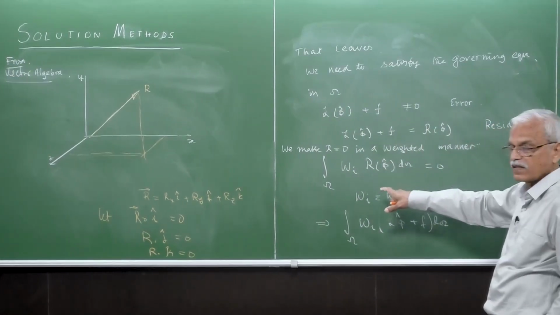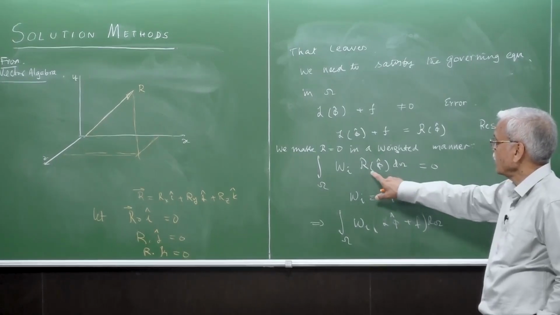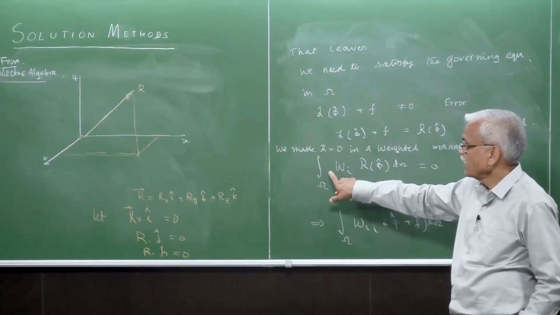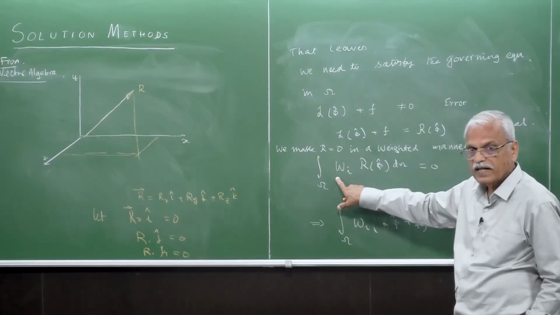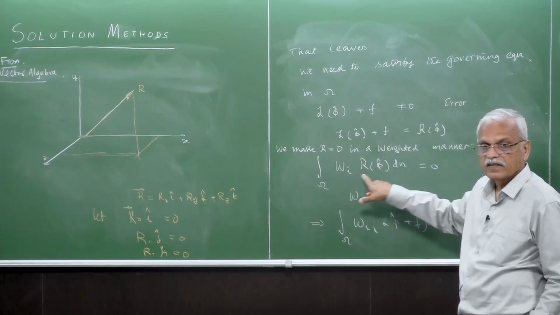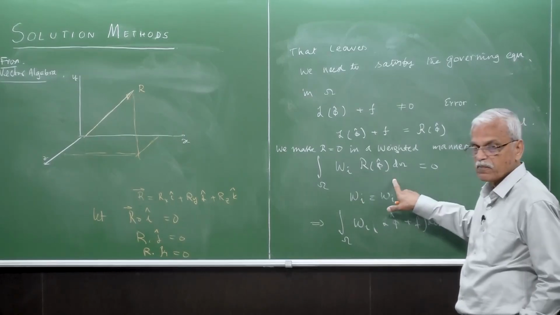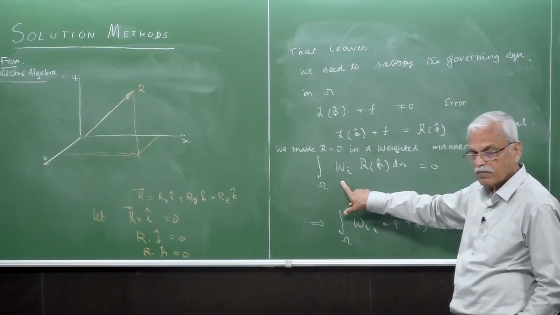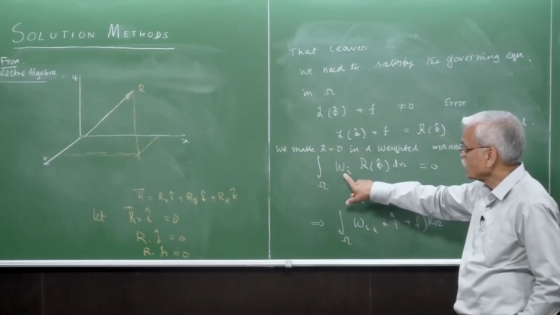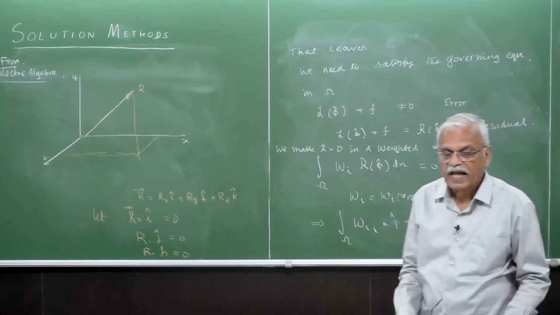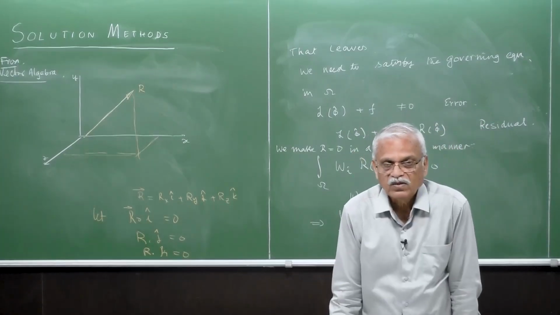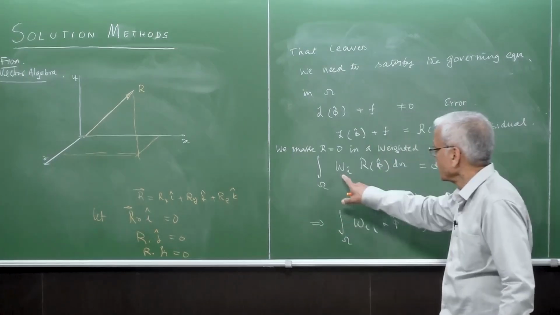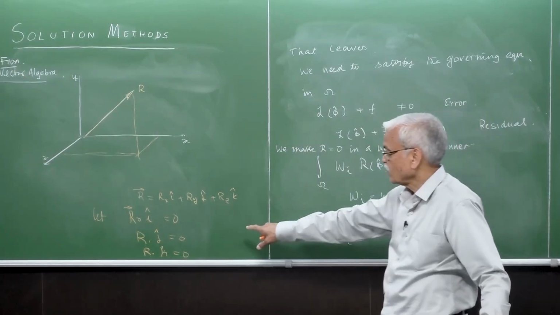In the functional space, what we are saying here is the projection of R along the function Wi. This is called the inner product. So the projection of R along the function Wi is 0. If Wi has n terms, n tending to infinity, then the projection of R along all these functions is 0, just like we are saying here.